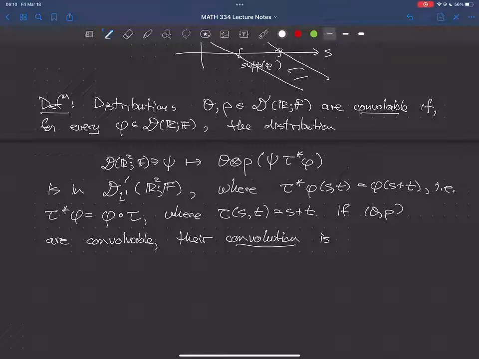First of all, it's theta convolved with rho in D prime of R, so it's of course a distribution in a single variable.